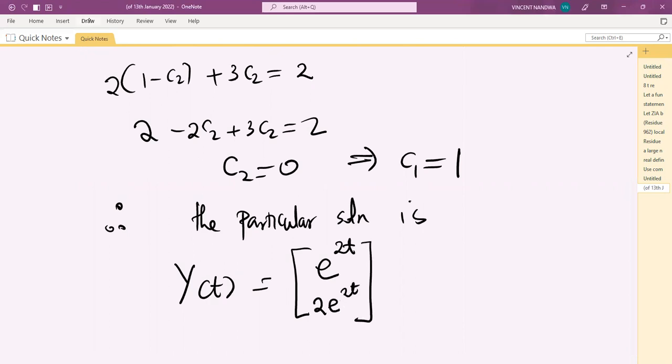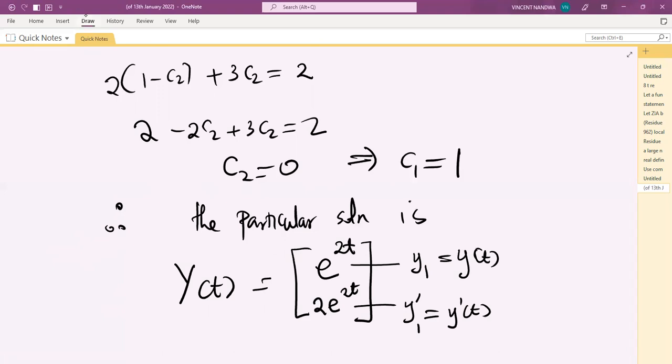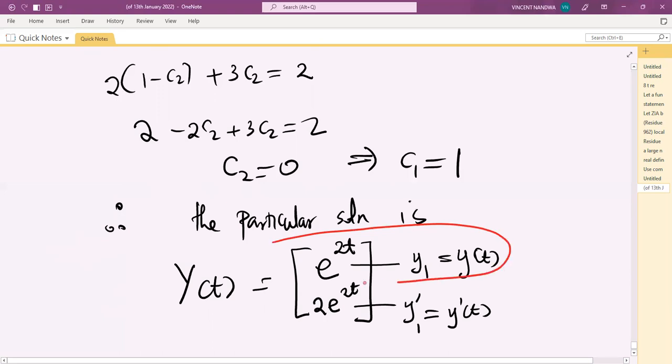But remember, the first row represents the y, while this one represents the y prime, which is the same as the value of y prime at t. So the required solution for the problem is this first row in the particular solution.